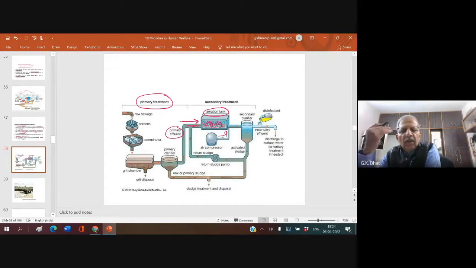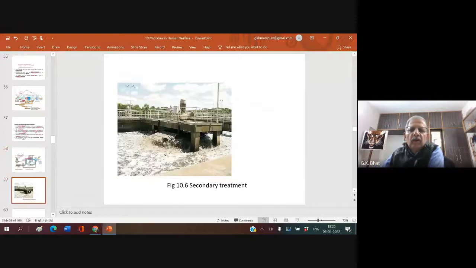This means the lesser the BOD in any water, the purer it is. The higher the BOD in any water, the more impure or polluted it is. So now it is made to pass out. This is the secondary treatment plant.